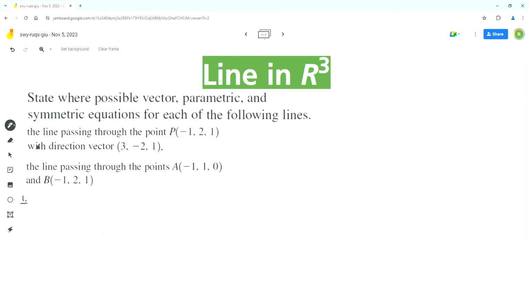The first line passes through the point P with the direction vector 3, -2, 1. So let's start by finding the vector equation of the line. We should write the general equation of the line in vector form.